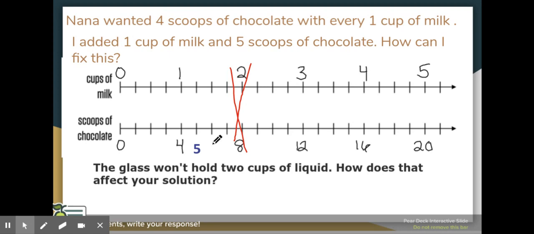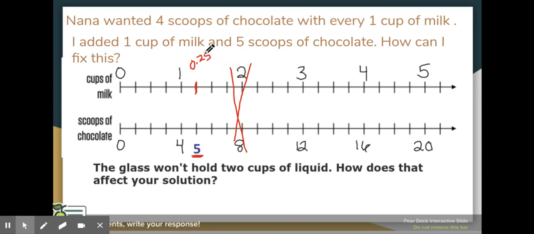So we had to figure out, well, what can he really do? He has 5 scoops of chocolate, right? And some of you said add a little bit more milk, but specifically how much milk? So with the 5, we have this number here that lines up. I didn't fill that out, but we can figure out how much each one of these lines represents. If from 0 to 1 is split up in 4 parts, 1 over 4 is a fourth, or 0.25, however you want to see it.